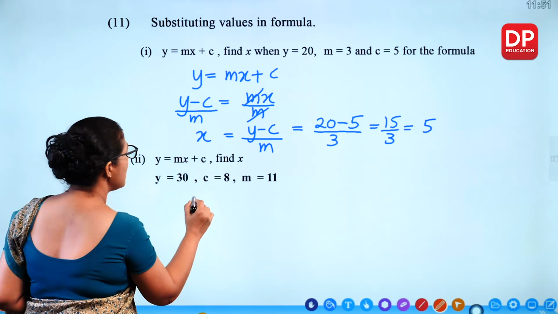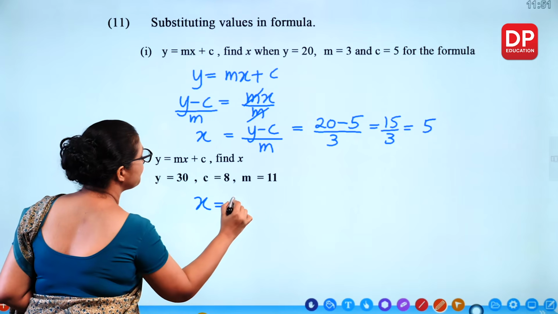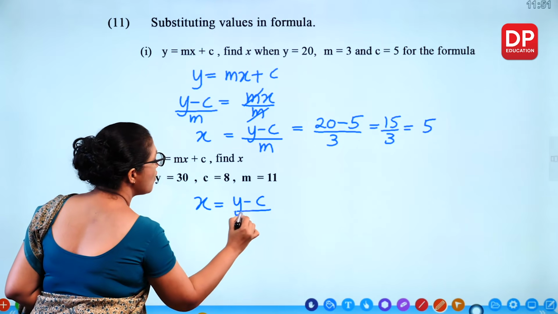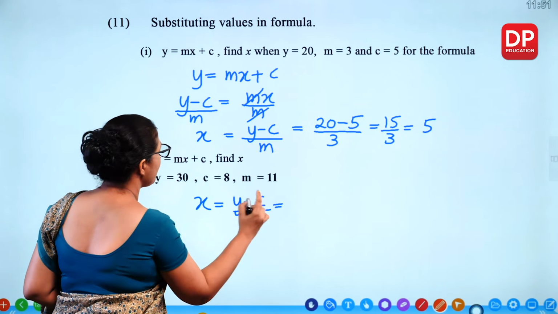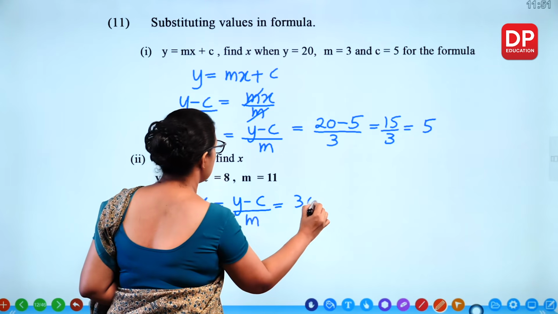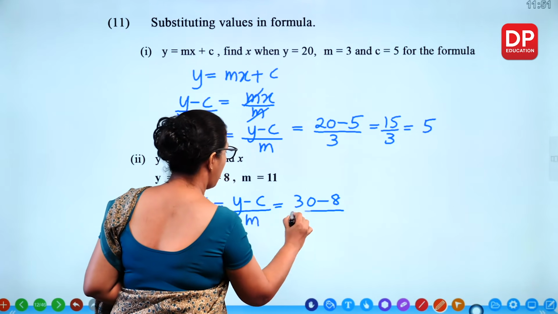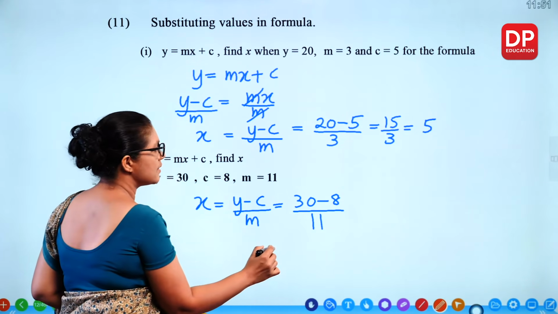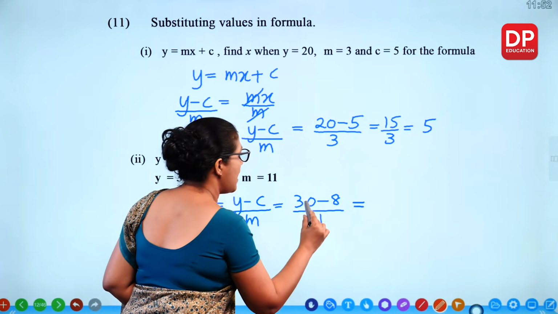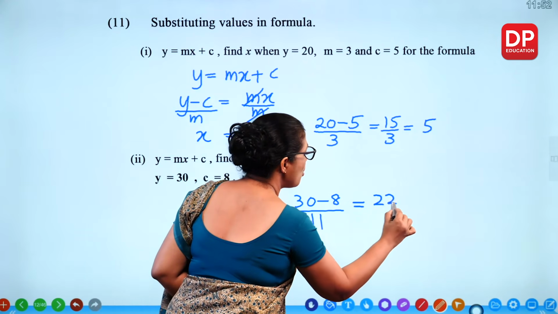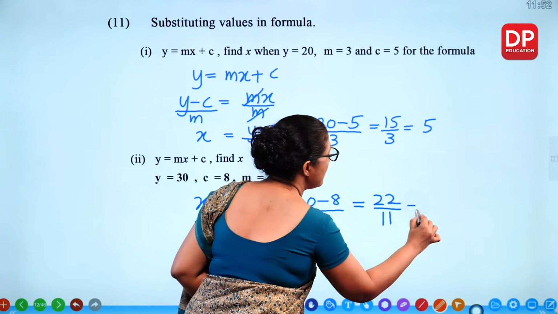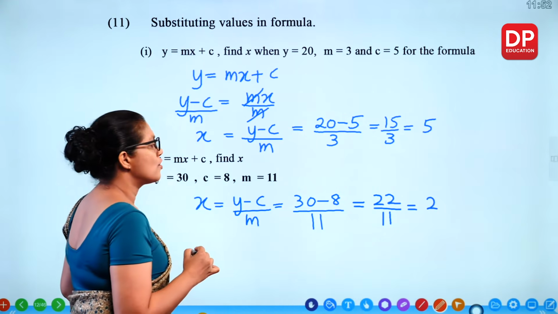So you can use the same formula, y minus c over m. Y is 30, c is 8 and m is 11. Now 30 minus 8 is 22, 22 over 11, so the x value is 2.